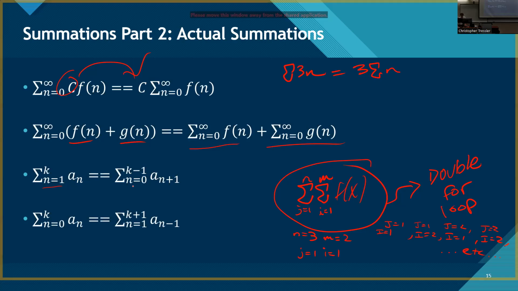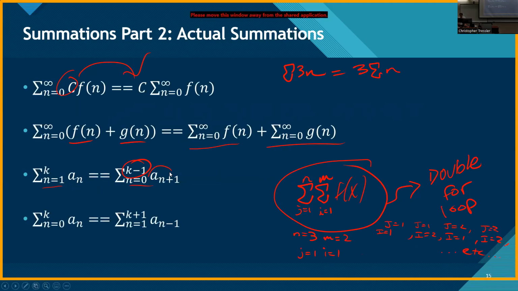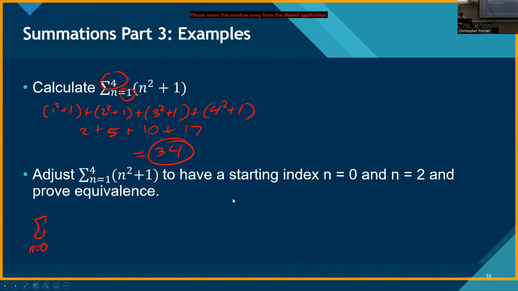So if I go back this slide, here's our n equals 1, n equals 0. We're going down 1. Notice that our k becomes k minus 1, and our a becomes a sub n plus 1. Ooh, there we go, n plus 1, right? I'm going to erase this for now so it's not messing up the slide. You can see how we're going to subtract 1 up here.